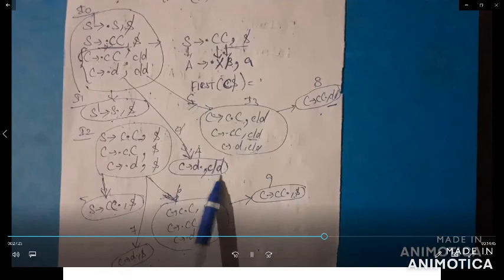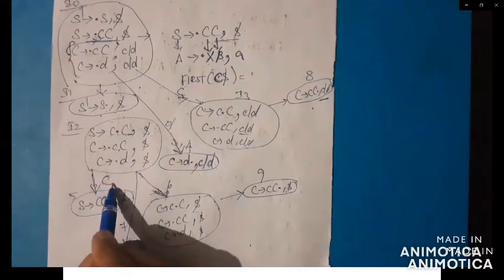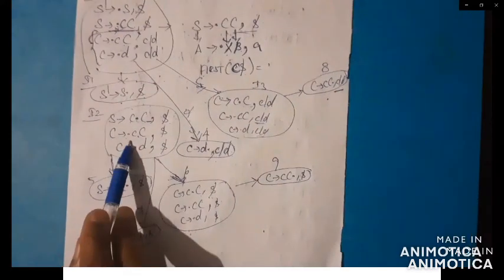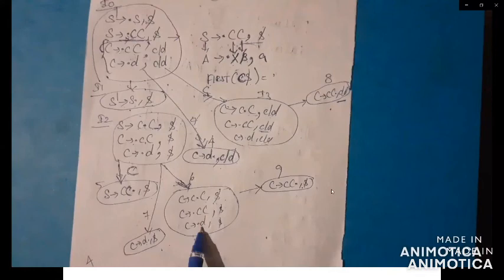Then go for I5. The dot C can move to C dot, here capital C. Then check dot C. So dot C can move to C dot C dollar. Then you can write for capital C productions. Then I6.